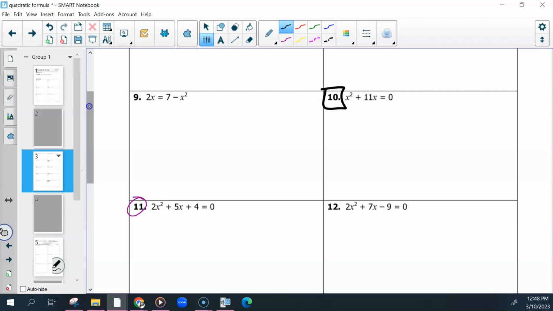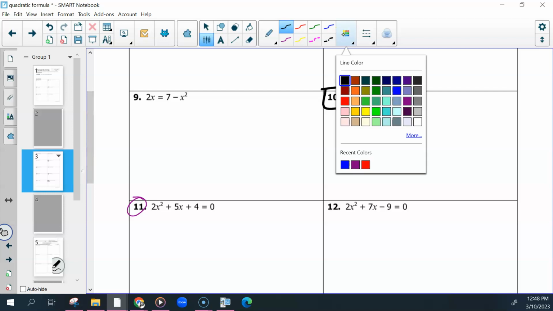Any others? This is your chance to ask questions on things that look confusing, where you're not sure how to start. So we have just two. 16, that one's up there. So we'll do those two. If we see others that we want to go over, we'll do those.